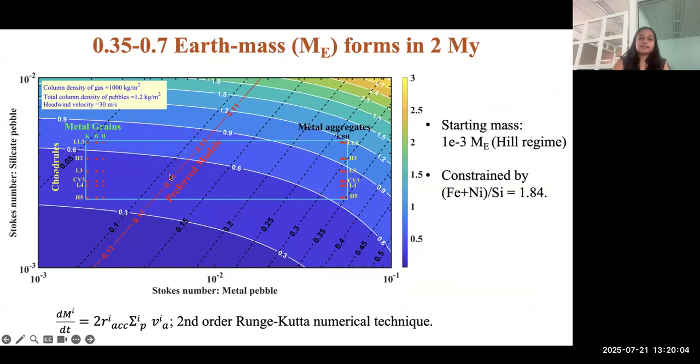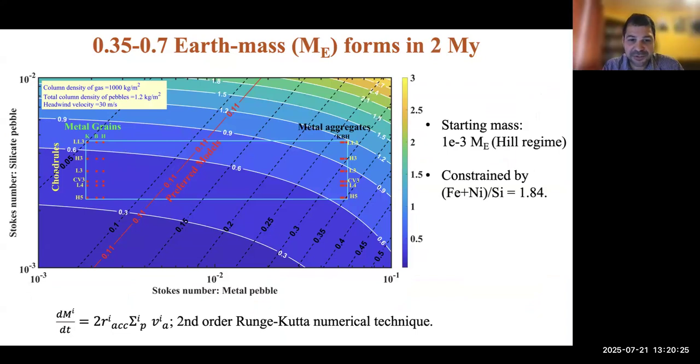So this is our Earth forming within this box from these observed chondrules and other chondritic components. Is there any question on this plot so far?